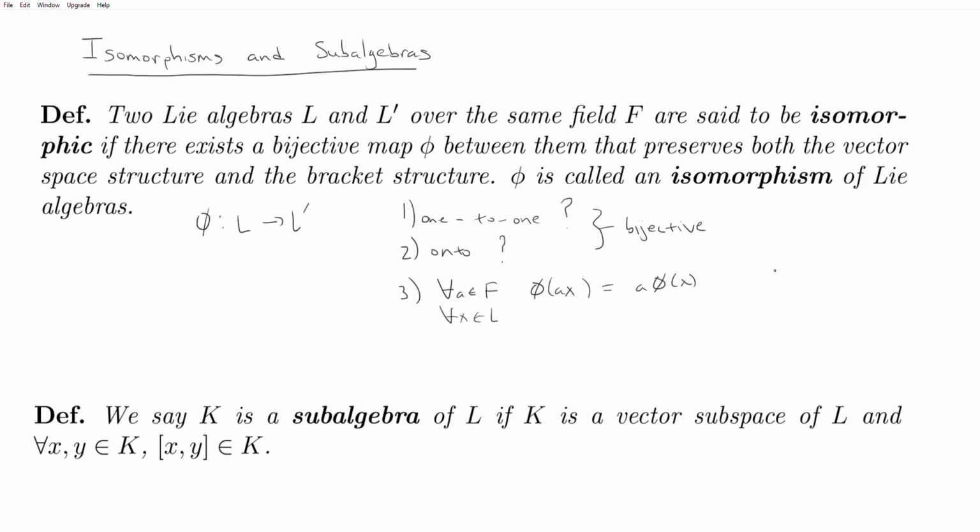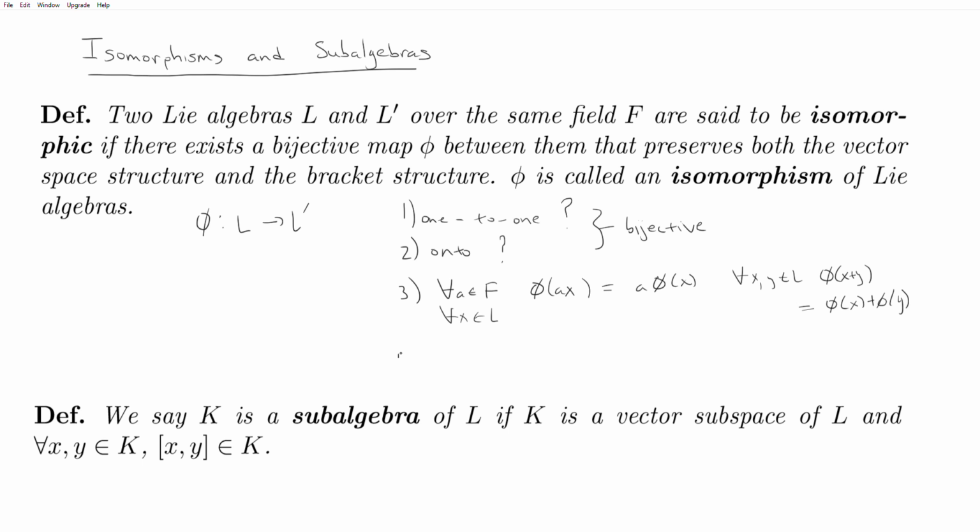So that's the first condition. And then furthermore, for all x and y in L, do we have phi of x plus y is equal to phi of x plus phi of y? If we satisfy these two, then we preserve the linear structure.